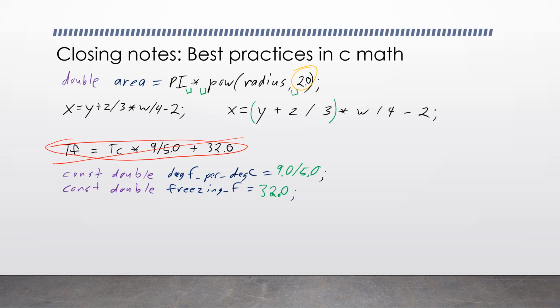And then I can do temperature in Fahrenheit equals temperature in Celsius times deg F per deg C plus freezing F, because I have to offset the Fahrenheit scale from the Celsius scale by the fact that freezing is not 0 in Fahrenheit.